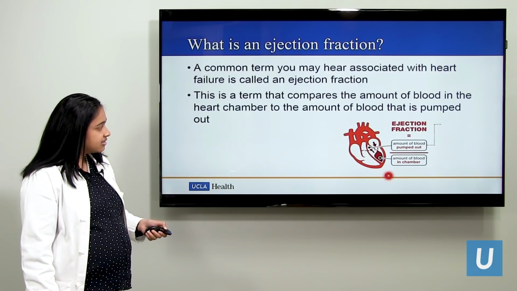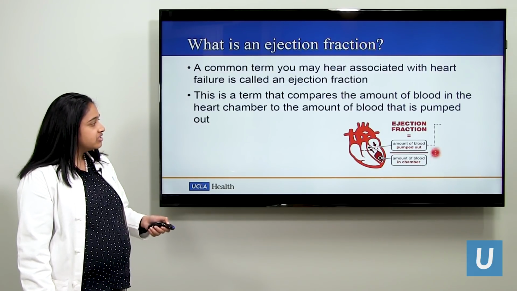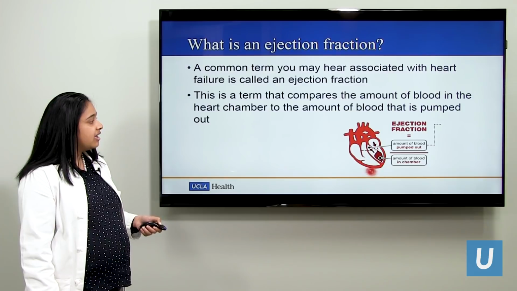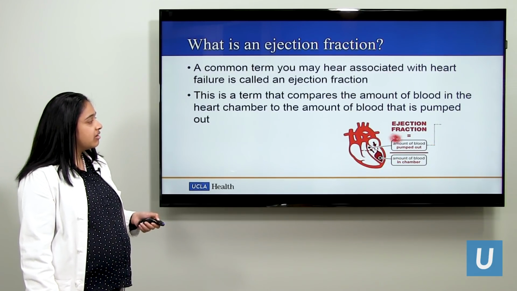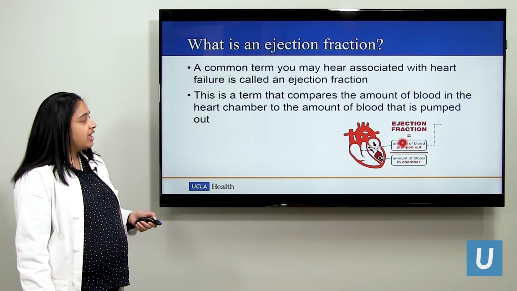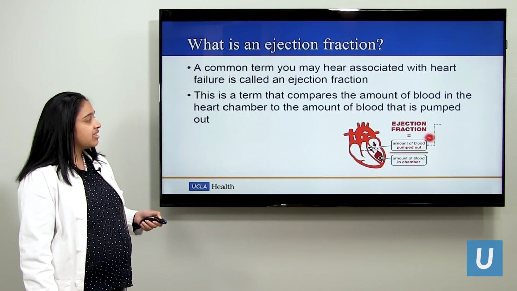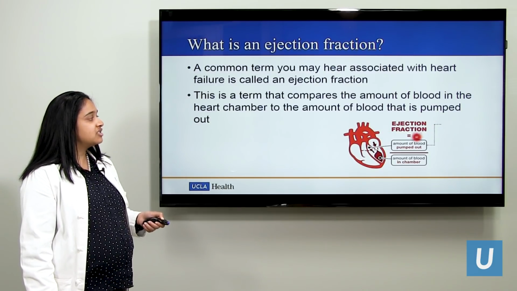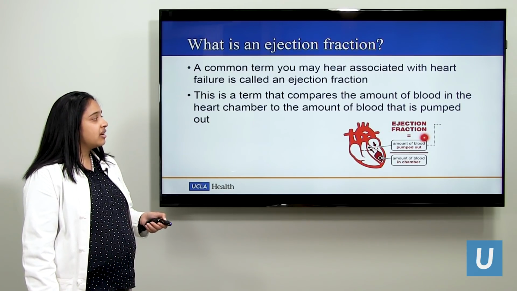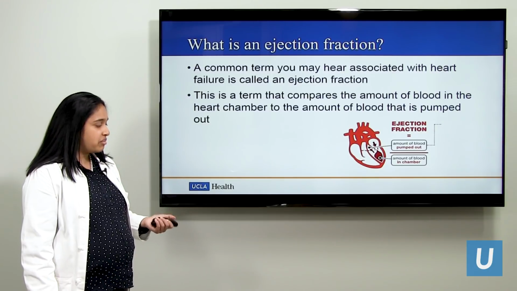So looking at this diagram here, the amount of blood in the chamber is your denominator, and the amount of blood that is pumped out is your numerator. And when you calculate that, you get an ejection fraction, which helps us to determine how well the heart is pumping.